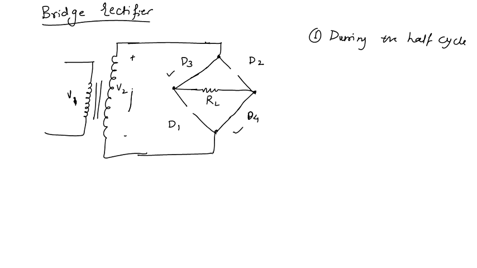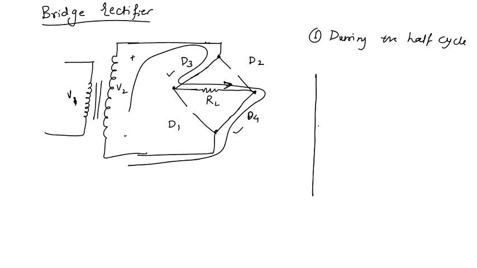Now the current through the circuit will flow like this. The direction of current through the load resistance is important. This way the current is flowing. So during the positive half cycle we are getting an output.